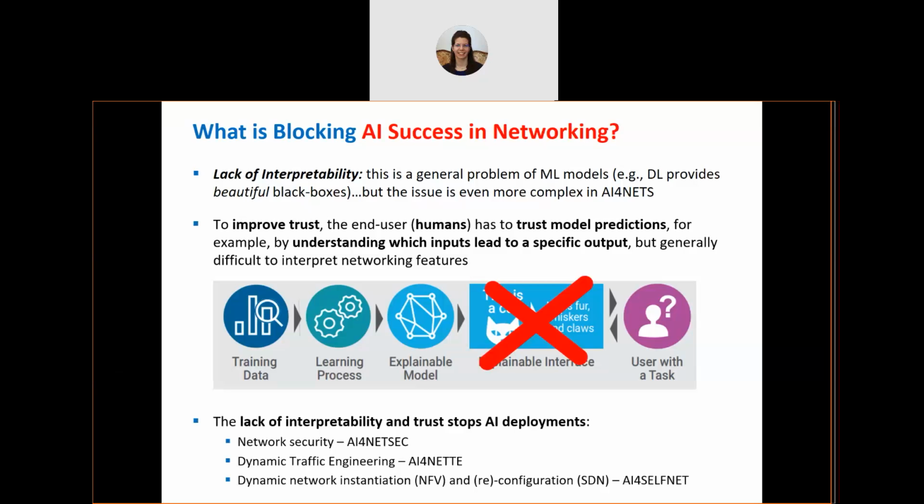It's much more difficult, even for experts, to understand if this makes sense at all. So even if we will see something about explainable AI, in networking it becomes much more challenging. The problem is that if we cannot explain how the models work, we cannot trust them. And if we cannot trust the models, it's very difficult to deploy them in practice, especially for critical things like security, self-configuration of networks, and so on, where we want to be sure that things will perform as expected.